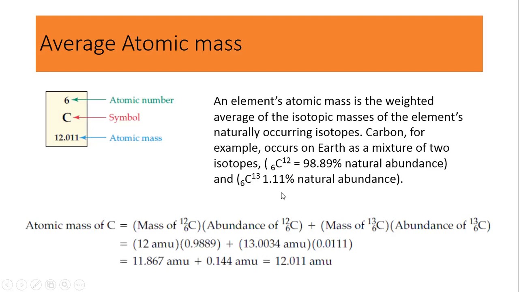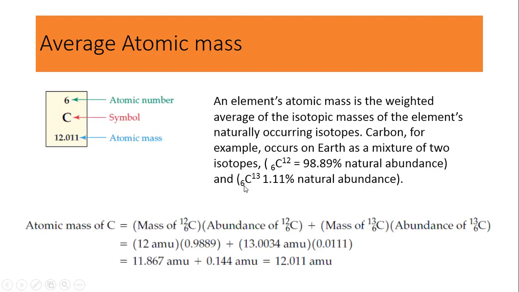So what are isotopes? Isotopes are nuclides or atoms having the same number of protons but a different number of neutrons. So these two are called the isotopes of carbon. Why? Because they have the same number of protons, since this is atomic number 6.